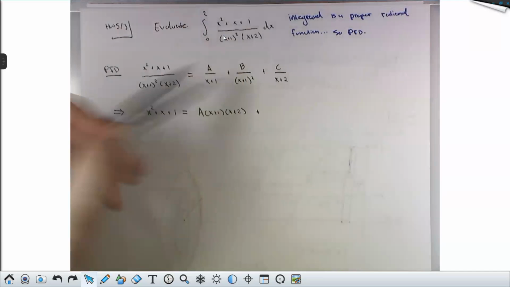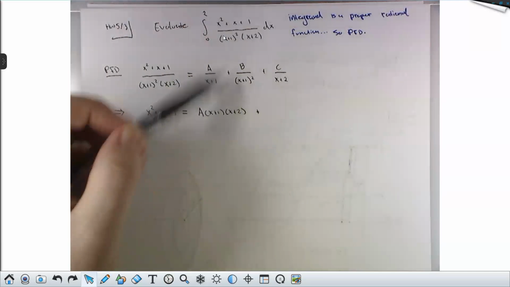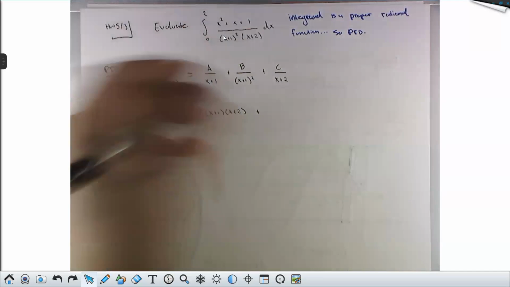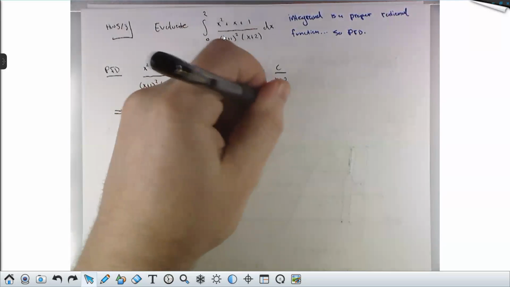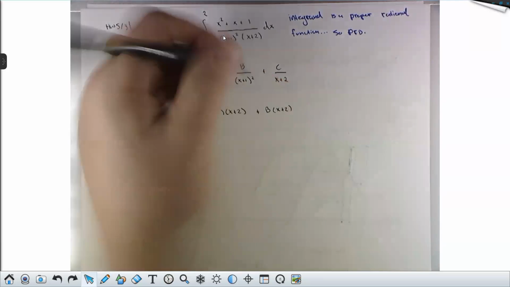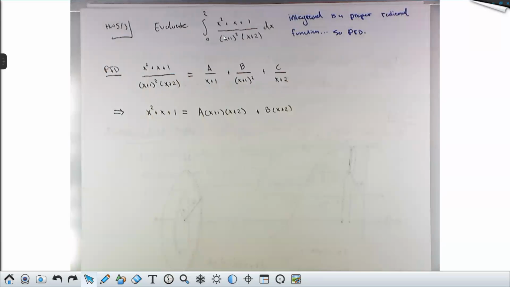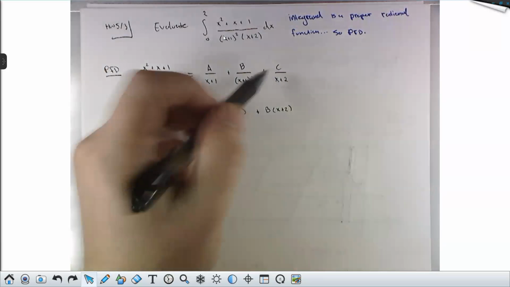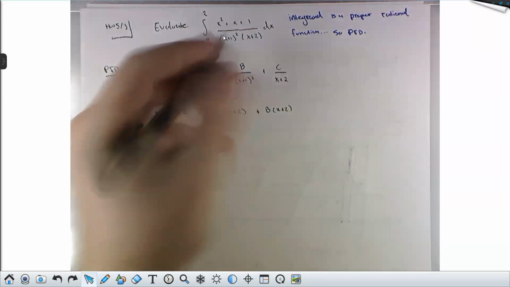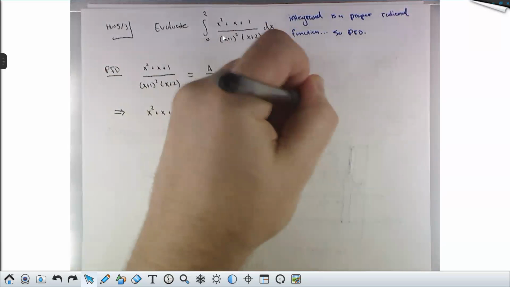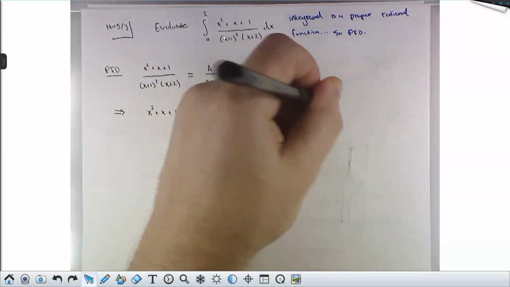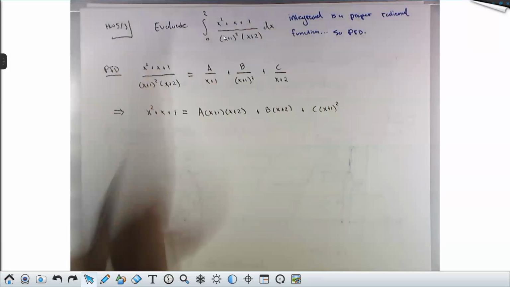Plus, when I multiply this guy by x plus 1 squared times x plus 2, I'll just get B times x plus 2. Both of the x plus 1s cancel. And when I multiply this guy by x plus 1 squared times x plus 2, the x plus 2s cancel, and I just get C times x plus 1 squared.